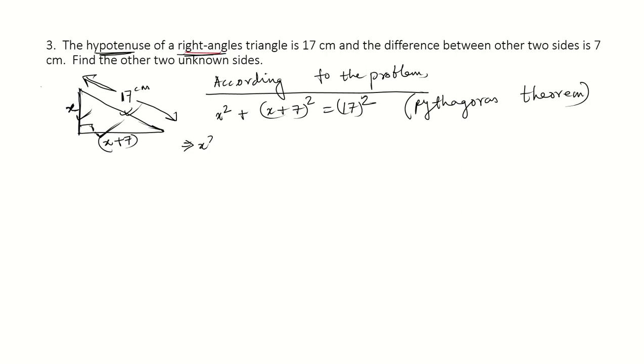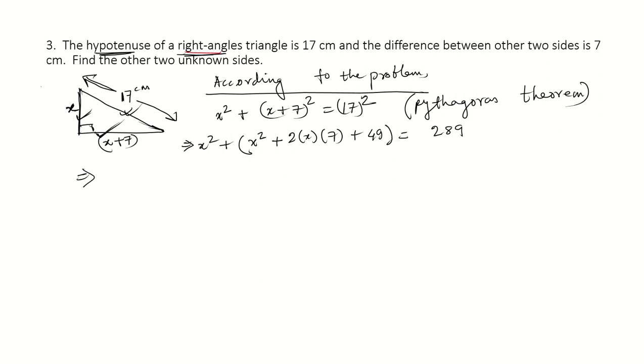So let's see. It's x squared plus (x plus 7) square. We can just expand that form, x square plus 2ab plus b square. X square plus 2 cross x cross 7 plus 7 cross 7, which is 49, equals 17 square, which is 289.